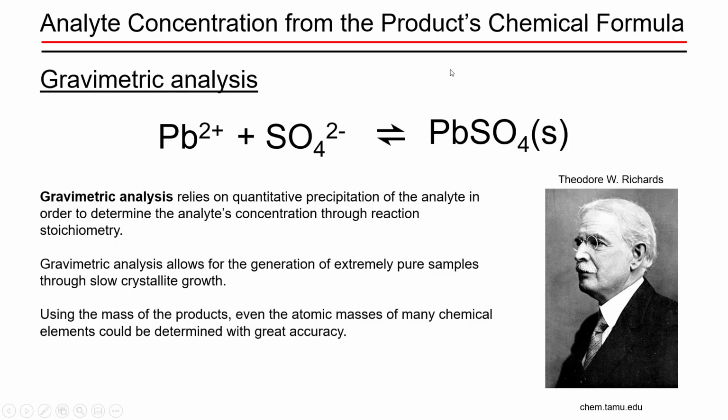This is the fundamental principle behind gravimetric analysis. Gravimetric analysis as an experimental technique relies on quantitative precipitation of the analyte. What that means is better than 99.99% of your original analyte must be complexed by precipitation in order for you to determine the original concentration of the analyte based on the mass of the precipitate that it forms.